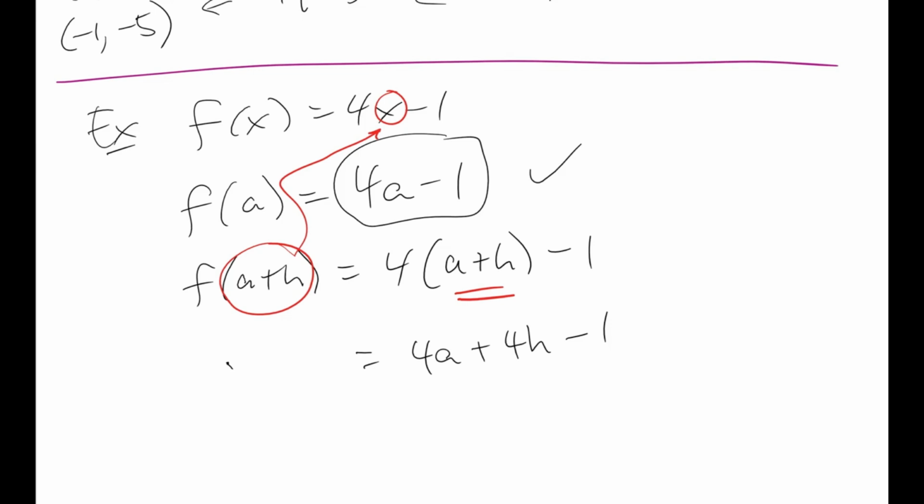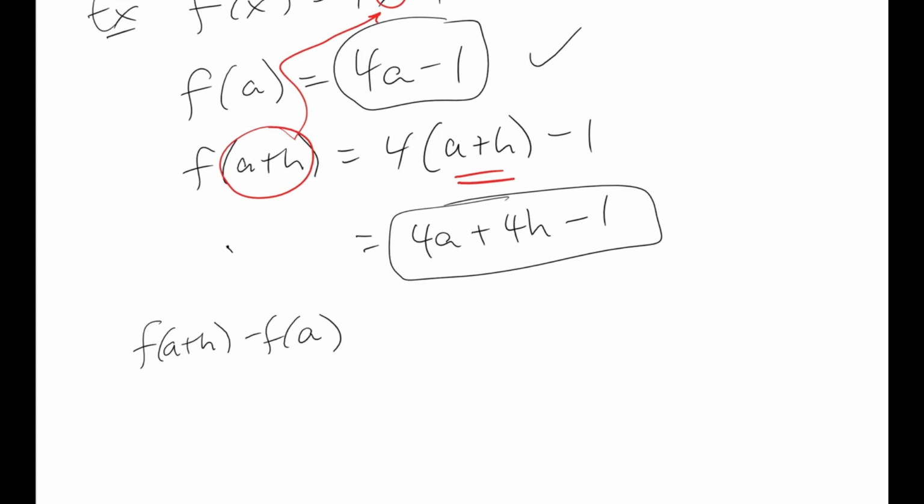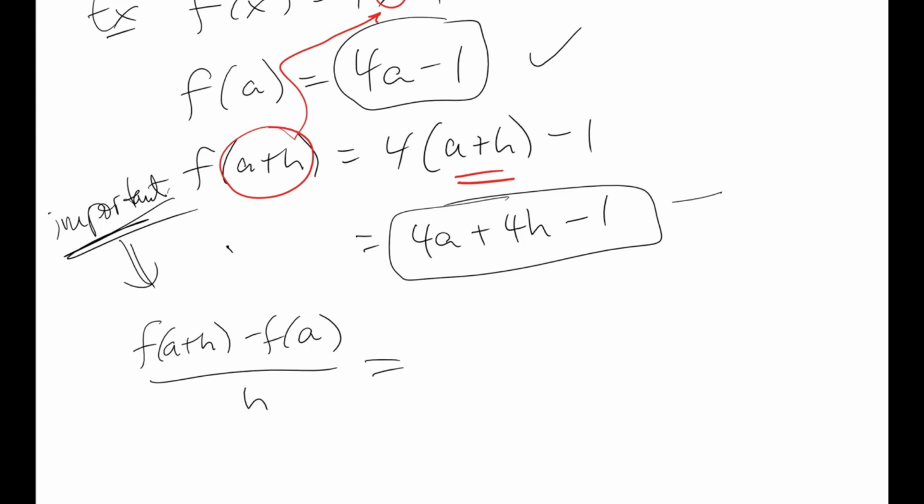This is done a lot later on in calculus. It comes from a very important formula. And here's the formula here: f of a plus h minus f of a, divided by h. It's probably the most important formula in most of elementary mathematics. Well, f of a plus h, I got that here. So that's 4a plus 4h minus 1, minus 4a minus 1. That's from f of a.